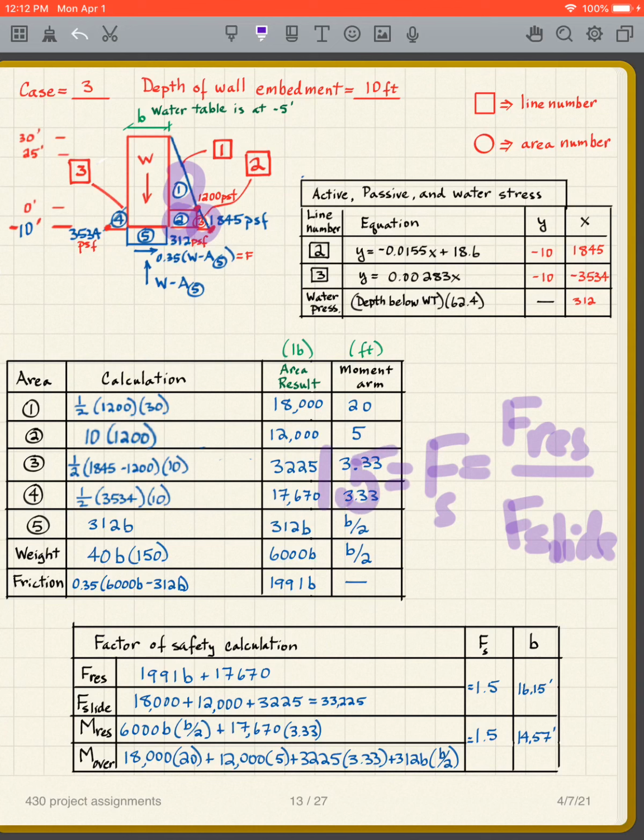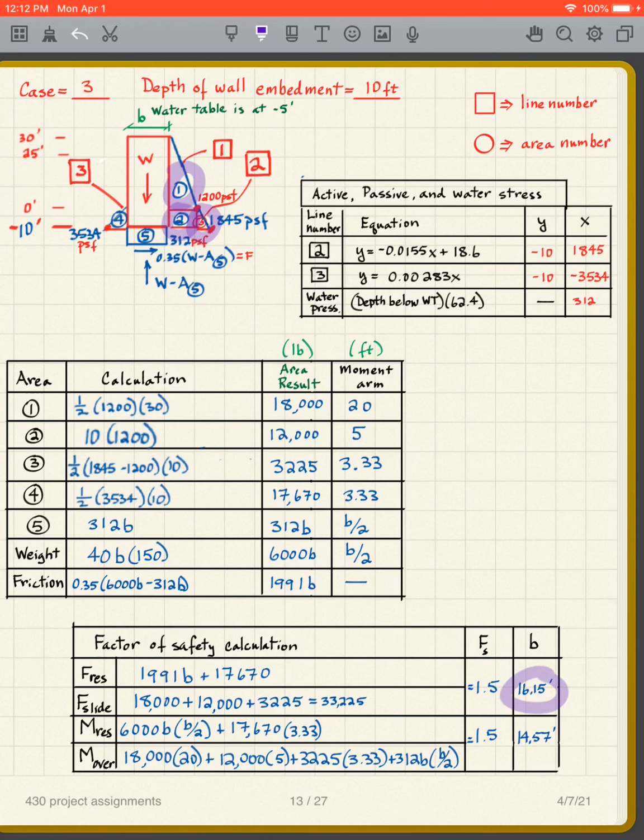So I take this, put it here, I take this, put it there, use the 1.5, and solve for B. The only unknown there is this B. I solve for that B, and I get 16.15. That means the wall needs to be a width of 16.15 to resist sliding so that it doesn't move.